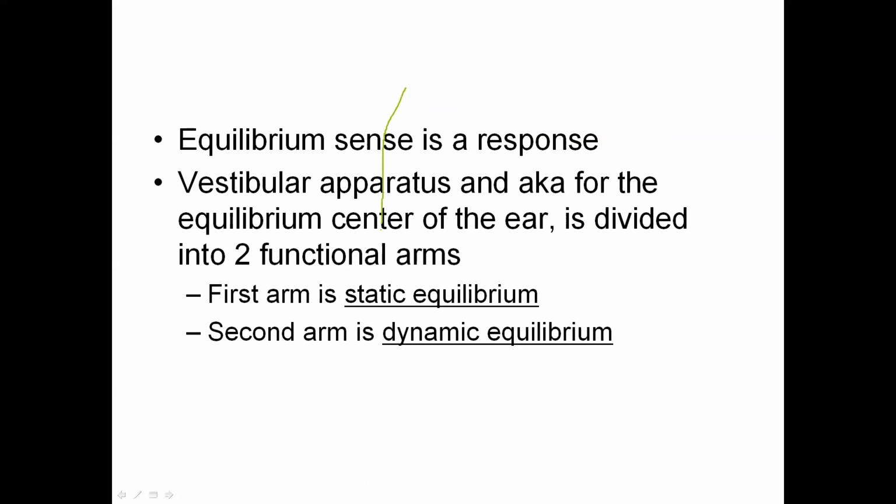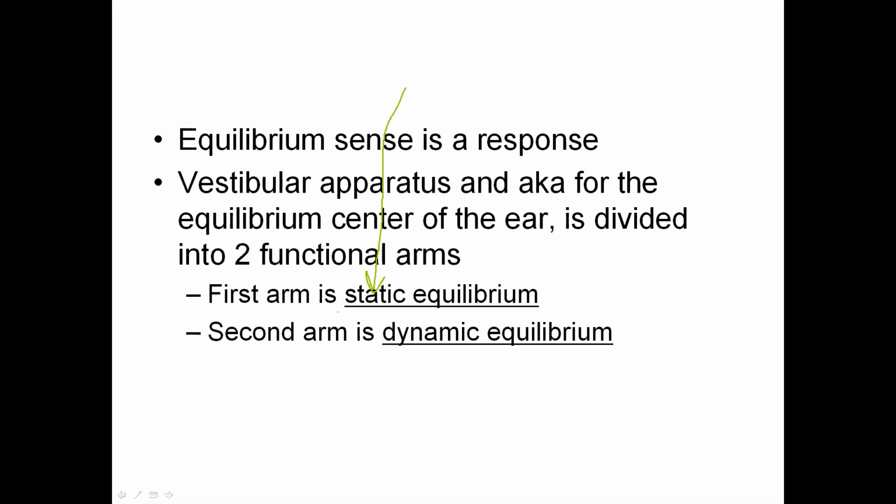We have static equilibrium, an example of which is sitting or standing without movement. You still have to balance, but there's not a lot of twisting or turning. So you are basically static, but you still have to balance.